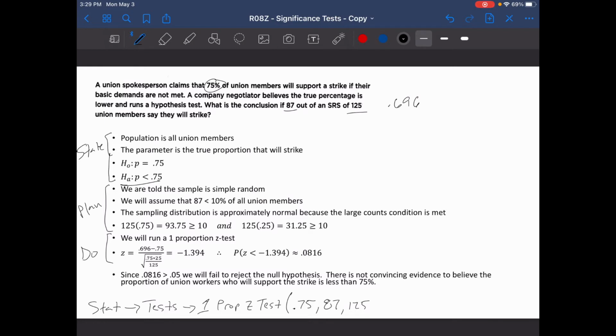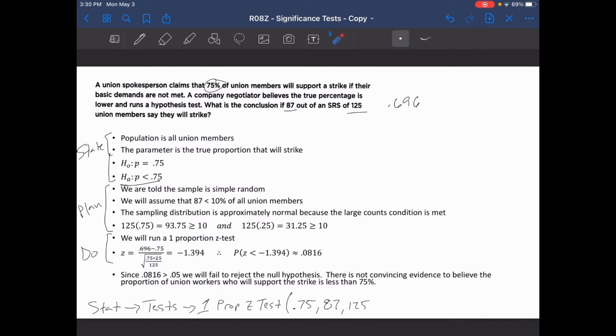That should give us what we need as far as our z value right here, which is negative 1.394, and our p value, which is 0.0816. Because they don't give us a significance level, we assume that it is 0.05, so we would say that since 0.0816 is greater than 0.05, we will fail to reject the null hypothesis.